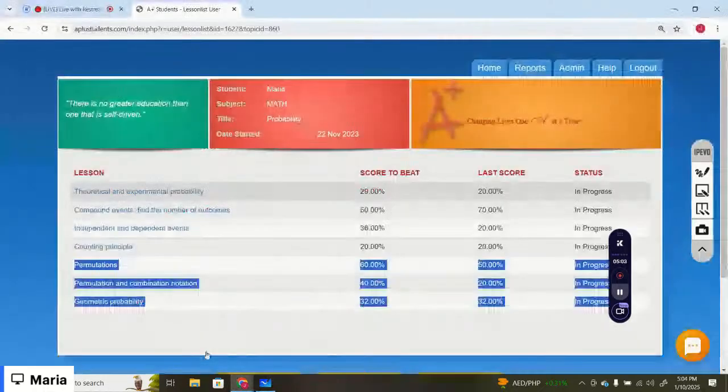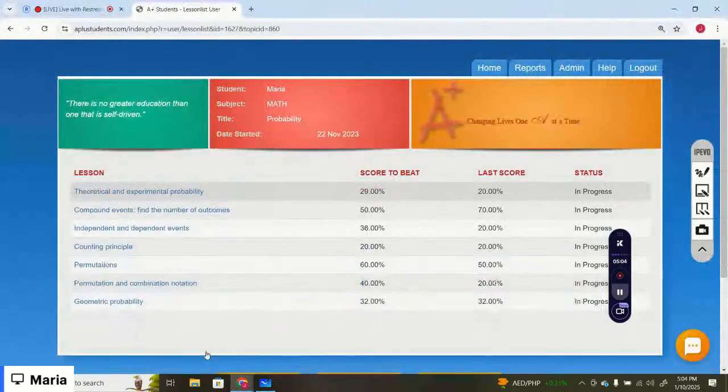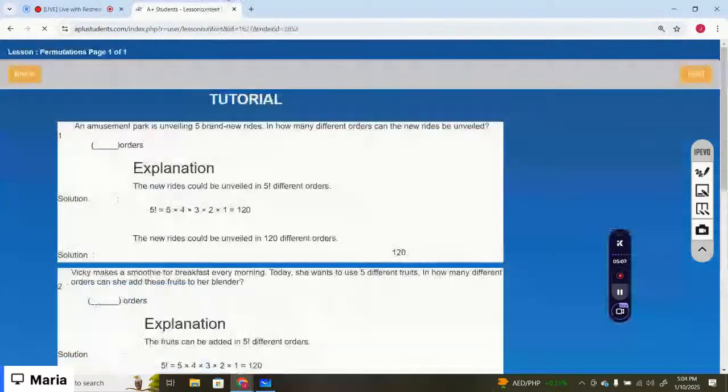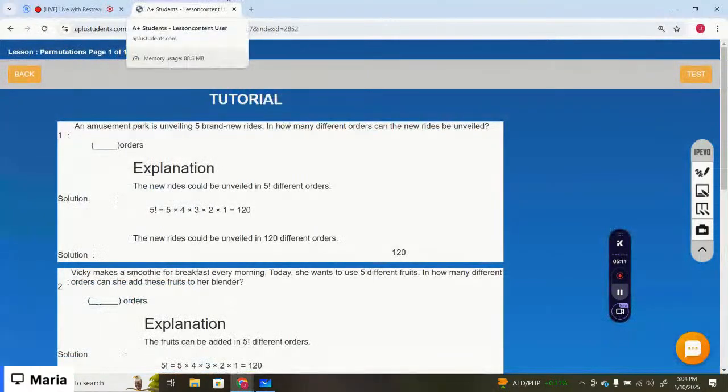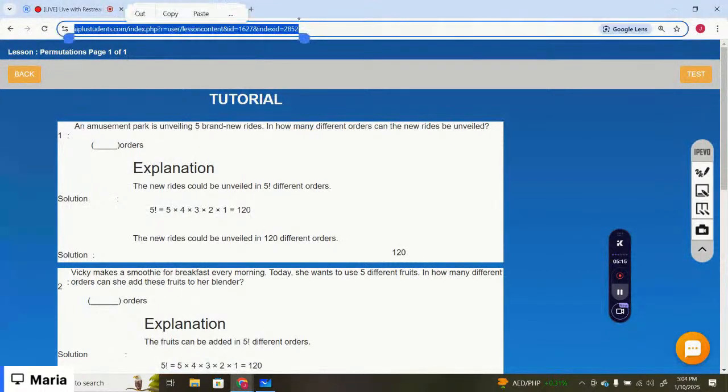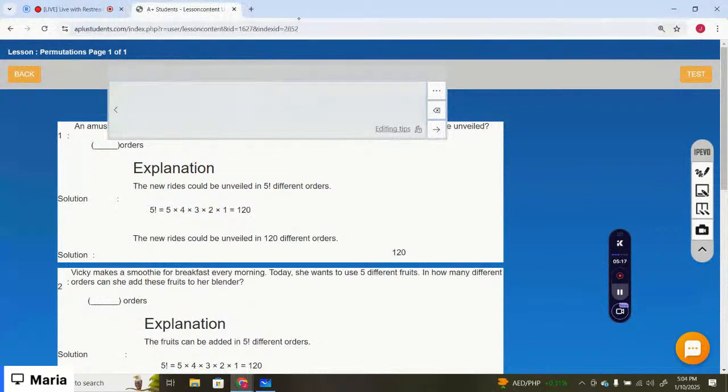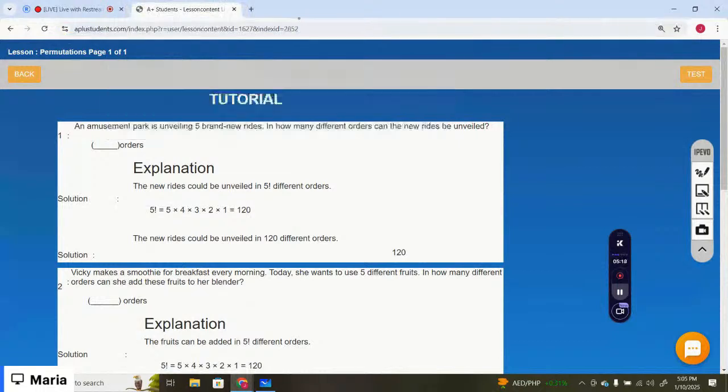Here I'm on grade 10 math. Let's just start with the lesson that is permutations. An amusement park is unveiling five brand new rides. In how many different orders can the new rides be unveiled?